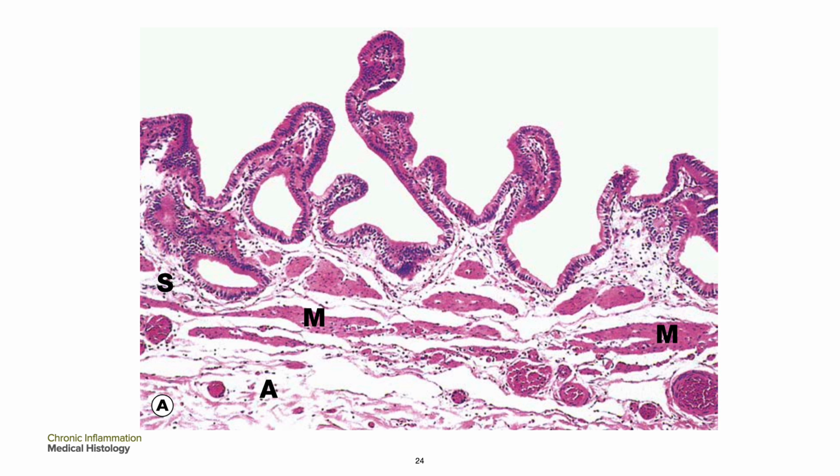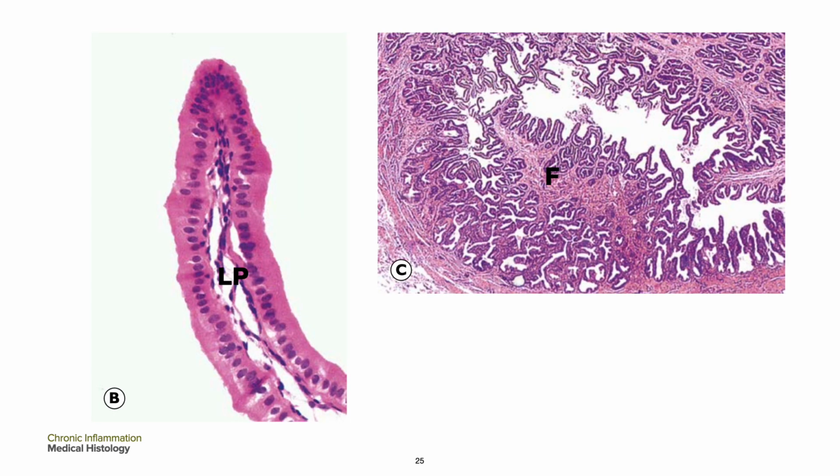In this micrograph, it shows the wall of the gallbladder in the non-distended state in which the mucosa is thrown up into many folds. At this higher magnification in this micrograph in letter B, the simple epithelial lining of the gallbladder is seen to consist of very tall columnar cells with basally located nuclei.